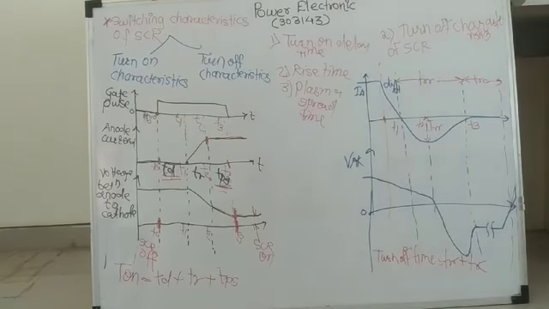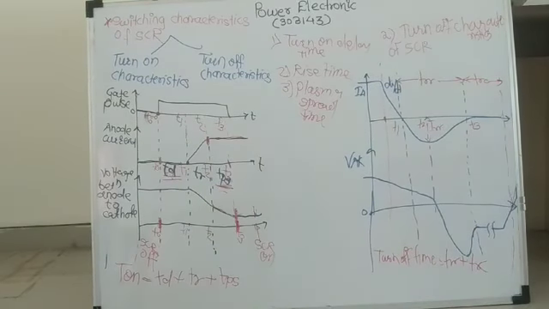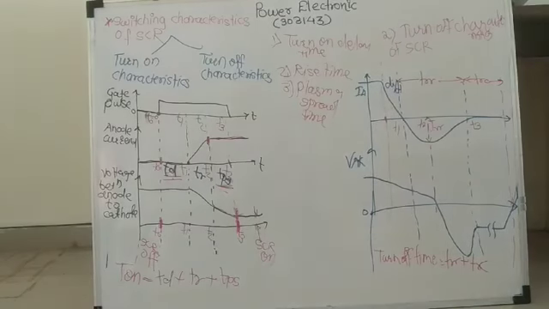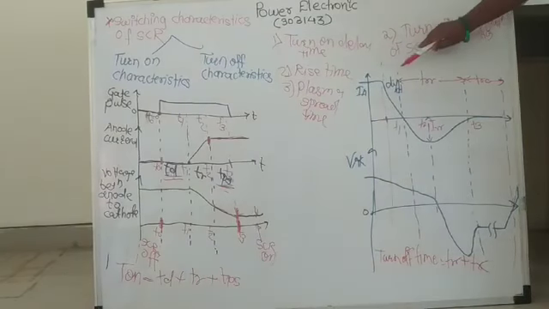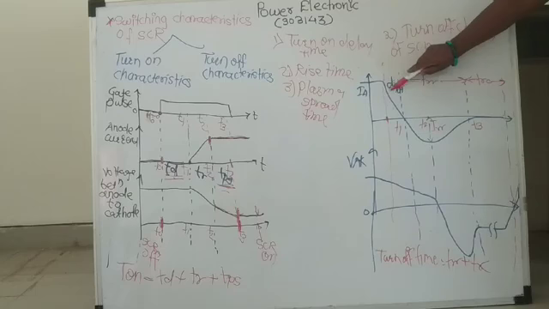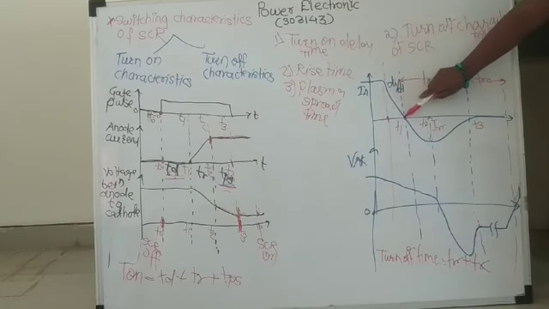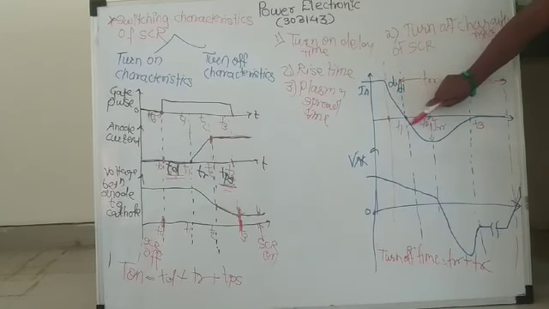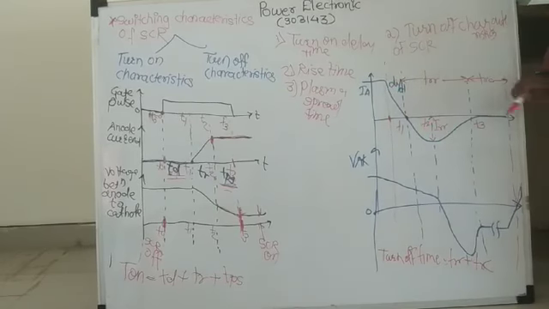Now, in the reverse recovery time, what happens? Check once again. In this reverse recovery time, your anode current goes on decreasing, and after crossing the 0 point, it also goes to the negative side. Why?